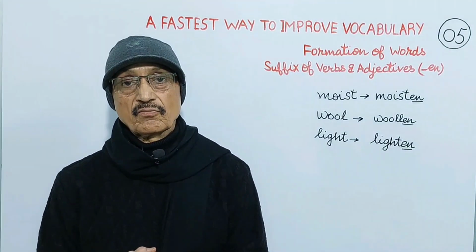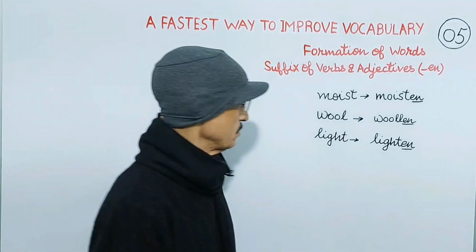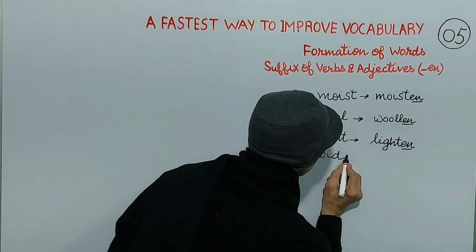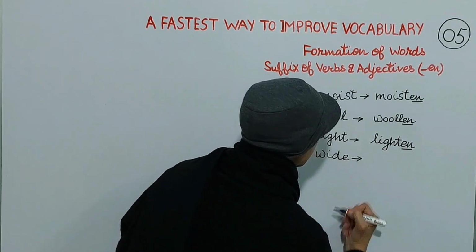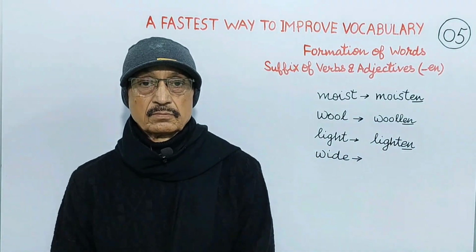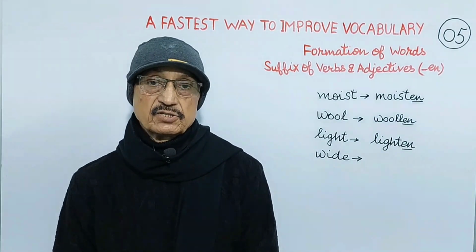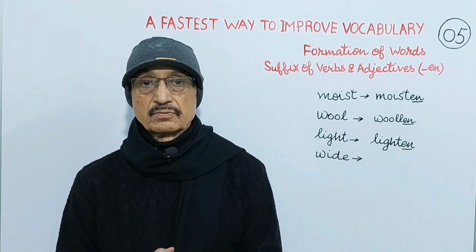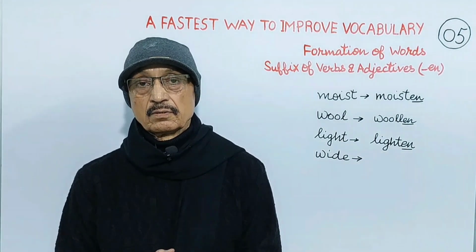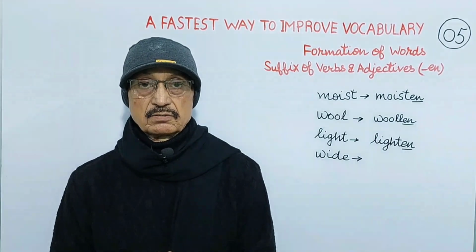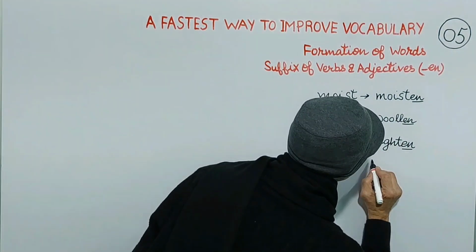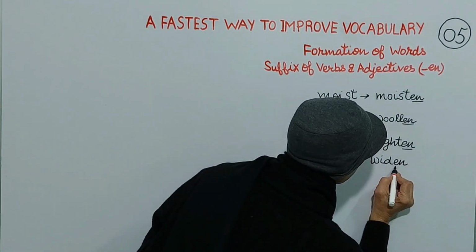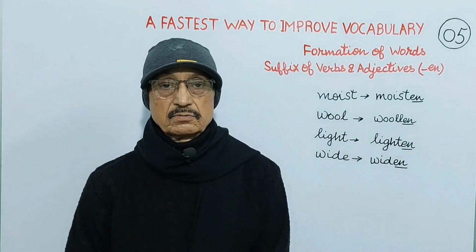Next is wide. Wide. This is an adjective. When we add suffix en after it, it becomes widen. Widen.